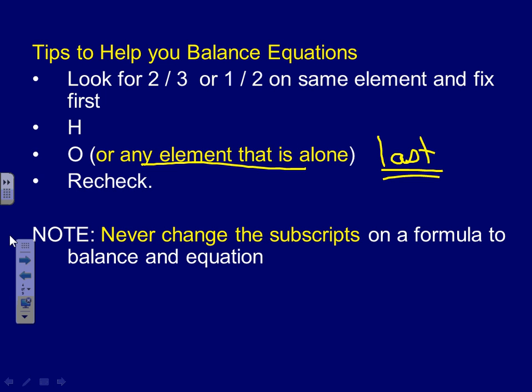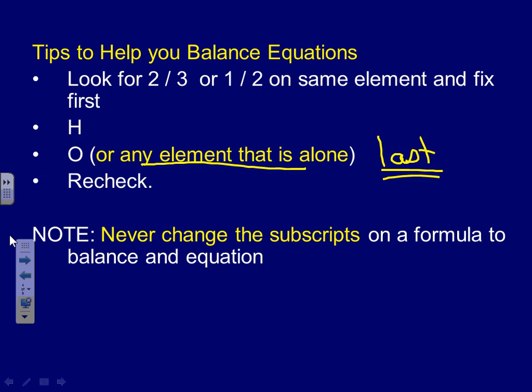When you put coefficients in front of something that's a compound that has more than one atom, you're changing both of the atoms. So if you can do the thing that's by itself last, then you're only changing that last thing, and that'll save you some headaches, okay? So you want to do H's second last, O's last, or any other element that's alone.